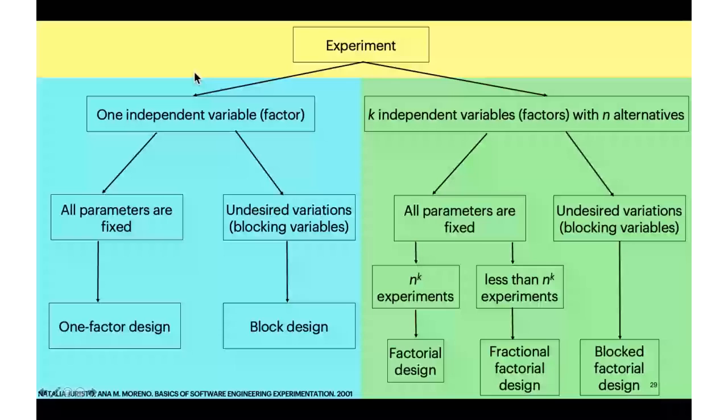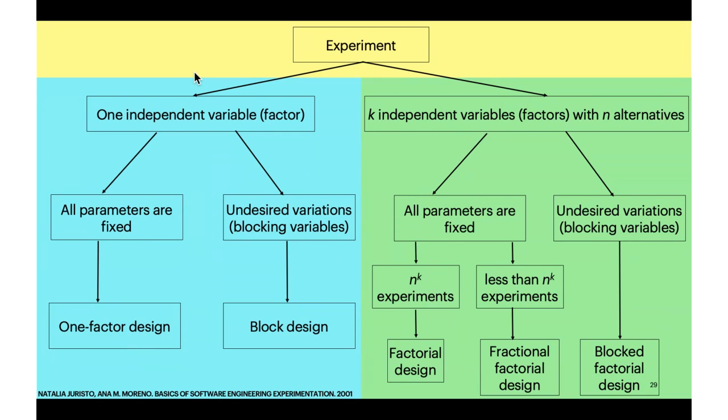Of course, experiments can be designed in many different ways, depending on how many variables of each kind we have. So in the simplest case, we have one independent variable or one factor, and all parameters are fixed. This is the so-called one-factor design. At another extreme, we have many independent variables with many alternatives.